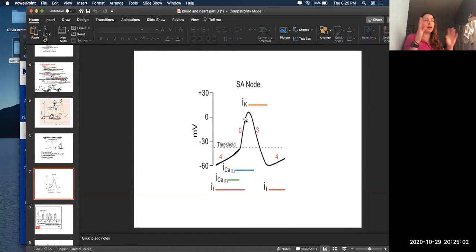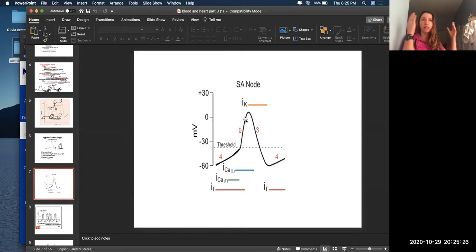I was just trying to explain it in the way of the SA node, the AV node, the bundle of His, and through the bundle branches to the Purkinje fibers. Where they're located is basically where they send the depolarization. That's why I talked about how the SA node is located in the right atrium.